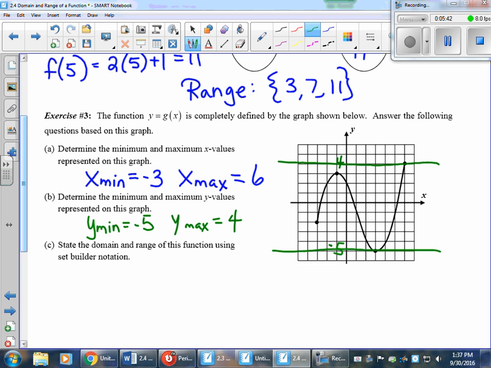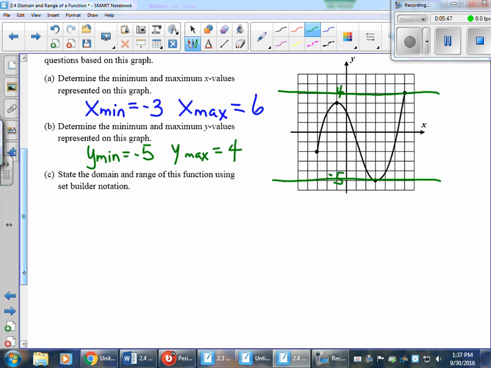State the domain and the range of this function using set builder notation. Now let's see if you remember what that looks like. The domain using set builder notation is basically using the squiggles again, but x such that, that line means such that, x falls between negative 3 and 6, and we put less than or equal to signs between it. We read it as negative 3 is less than or equal to x, which is less than or equal to 6, but we really understand it as x is sandwiched between negative 3 and 6 inclusive.